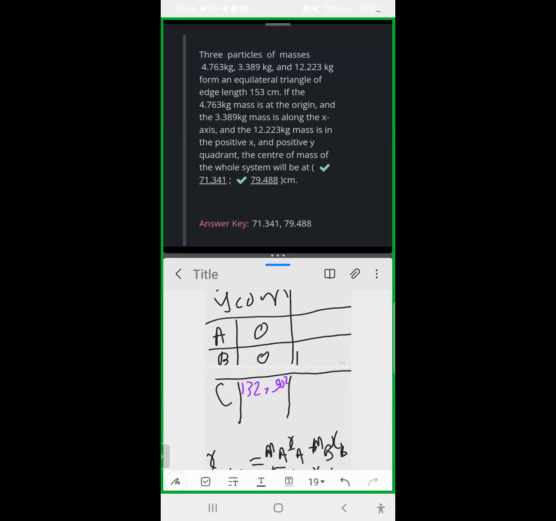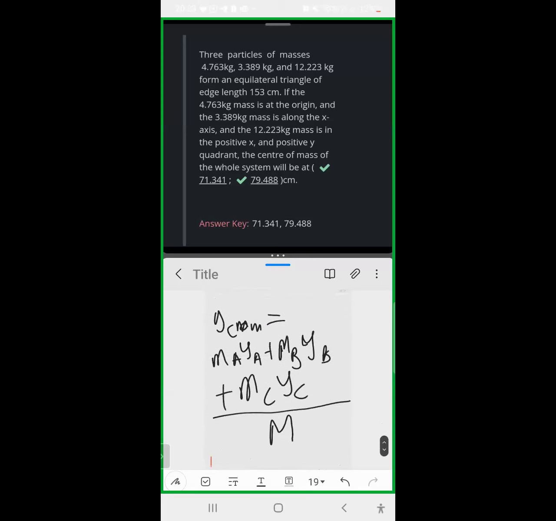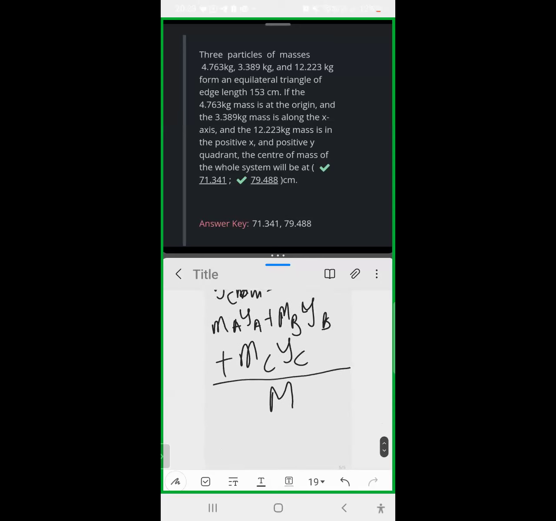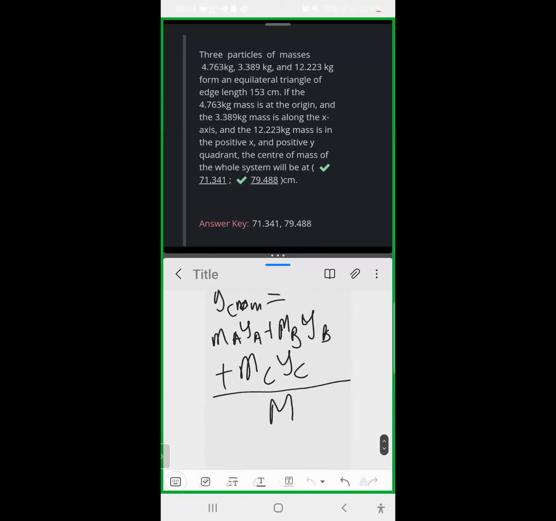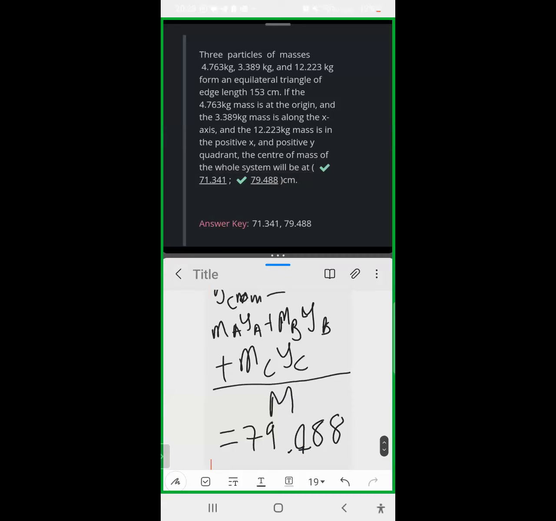This gives you the y center of mass to be equal to 79.488. And that is the center of mass of the whole system.